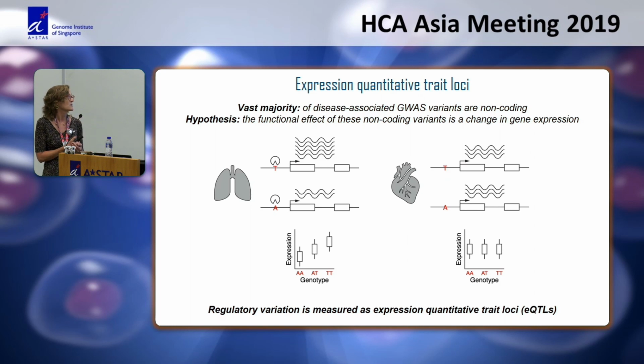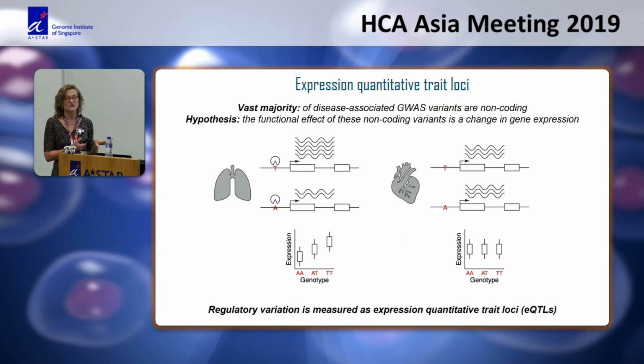So that came with the hypothesis that the functional effect of those non-coding variants is through changes in gene expression. And we can measure those regulatory changes in gene expression through this technique called expression quantitative trait loci that you heard about this morning. And that's shown here.